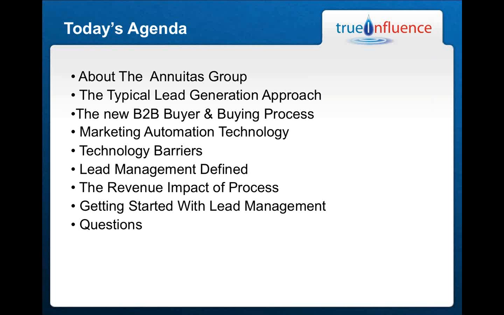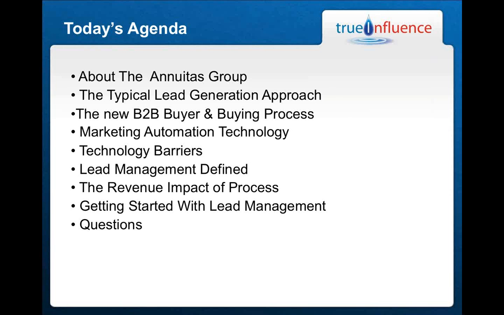Before we get started, I do want to cover the topics we will cover today. We're going to talk a little bit about who the Annuitas Group is, the typical lead generation approach taken by organizations, and the new B2B buyer and buying process. Then we're going to take a snapshot of marketing automation technology.